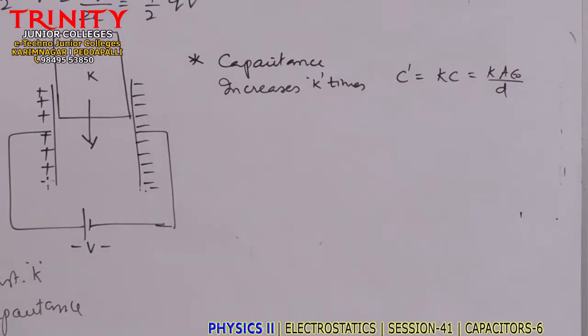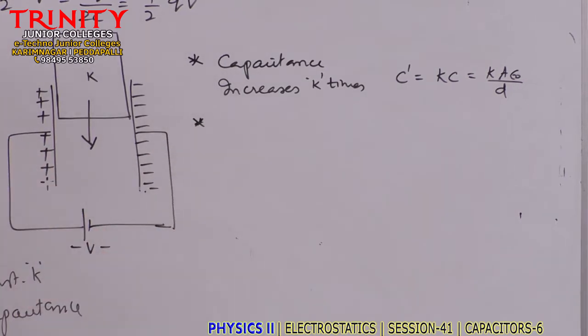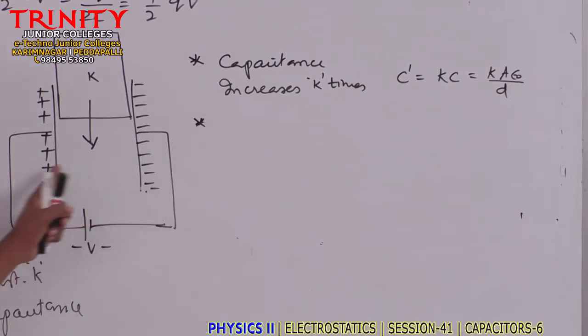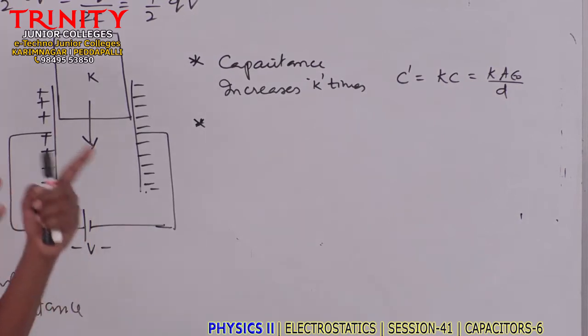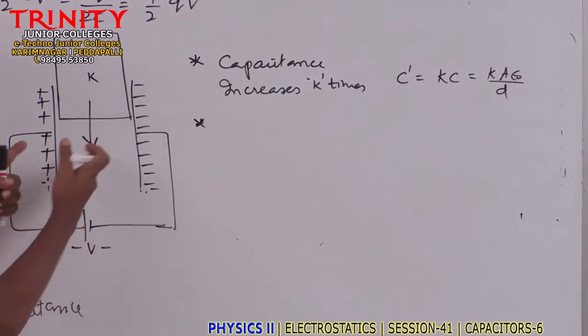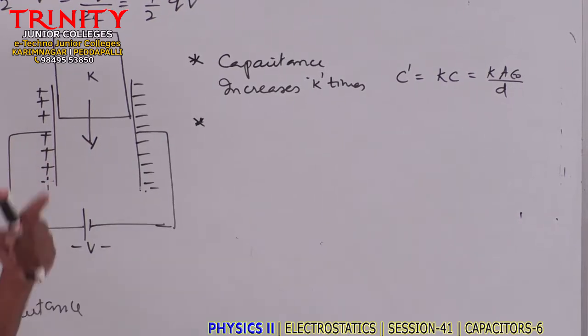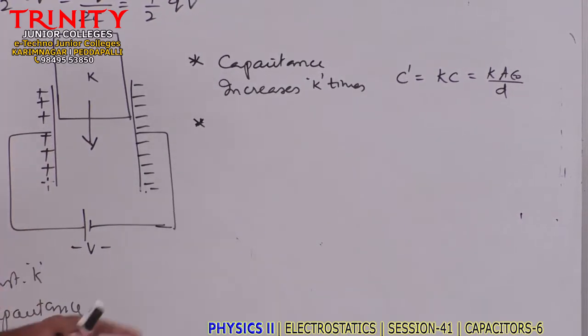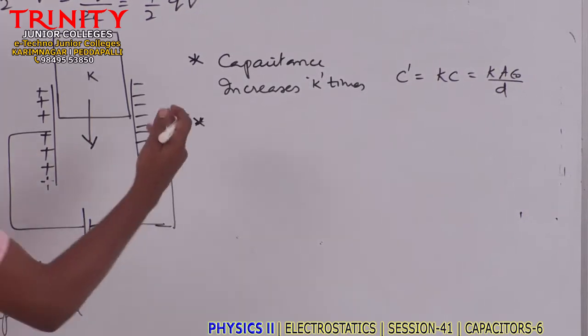Yesterday I clearly told you the electric field decreases when you place a dielectric slab. And one more thing: since the battery is connected, the potential the battery can give to the capacitor plates remains the same. Let me write that.